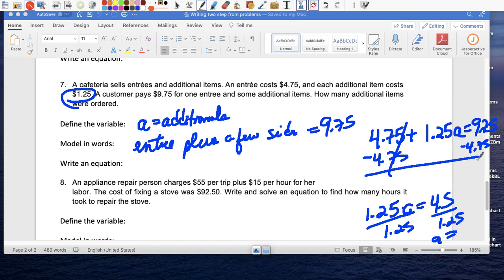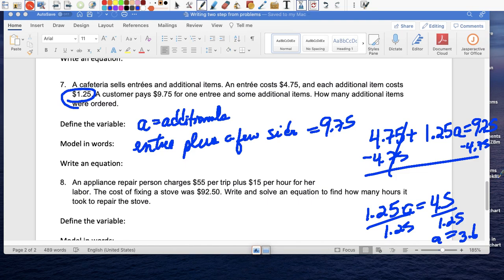That doesn't seem right. Did my number go wrong here? An entree is $4.75 each dish, so it says 3.6, but I don't know if you can order 3.6 side dishes. Let me just check my numbers. 4.75 is the entree.